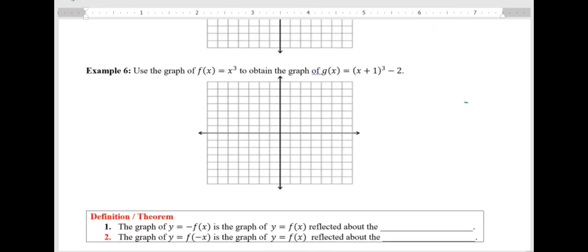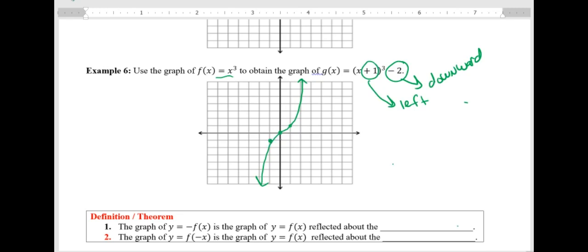Okay, let's go to the next one. We have x cubed. So remember, x cubed looks something like this. And the minus 2 tells me to move down. And the plus 1 tells me to move to the left. So I'm going to use these points here.